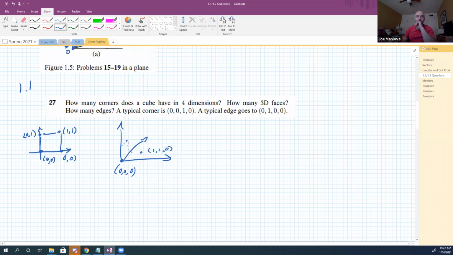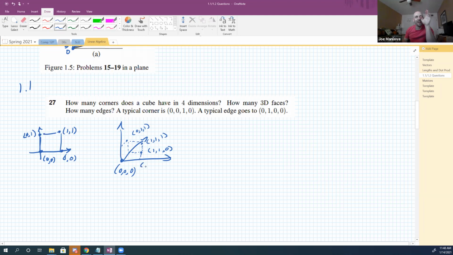And up here is 1, 1, 1. And then all the ones we had on the 2D square, plus 0, 0, 1.